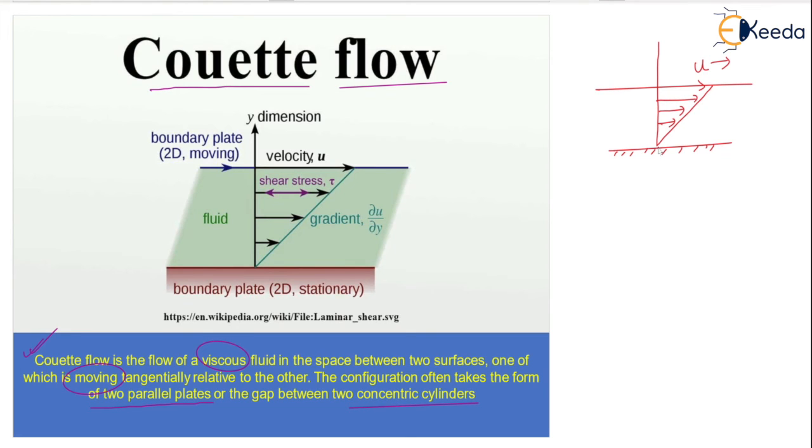Because this is stationary, at this point velocity will be 0, correct, and slowly it will increase because of the viscosity. It will drag the fluid in this direction. This is y, so this is the y axis, this is the x axis, and velocity is measured in the direction of x, so it is your du by dy, correct?